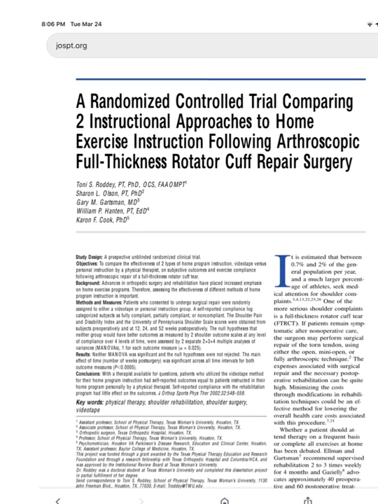Comparing two instructional approaches to home exercise instruction following arthroscopic full-thickness rotator cuff repair. So the first thing I want to talk about is the randomized control trial.